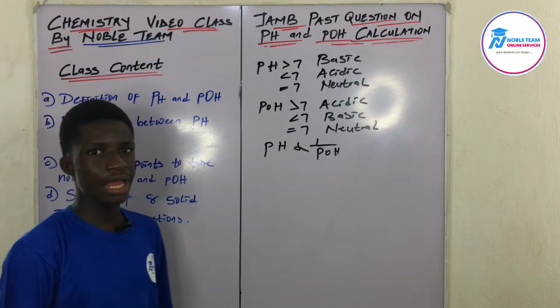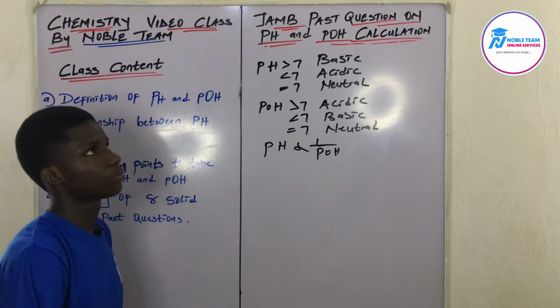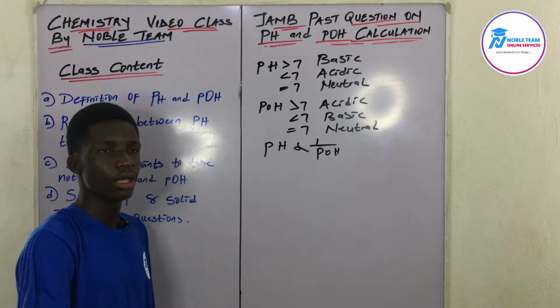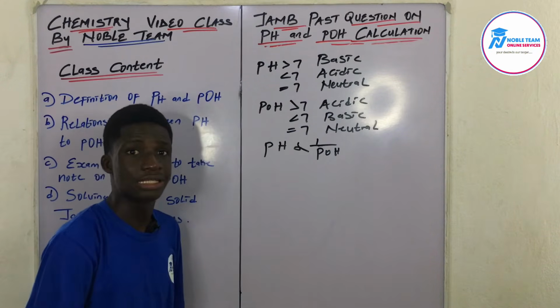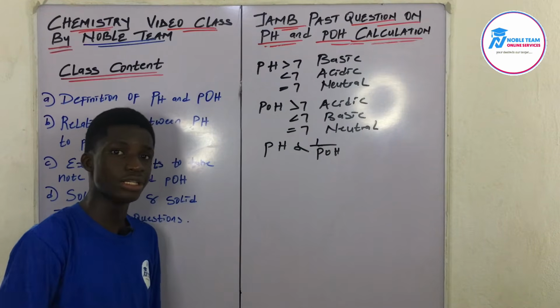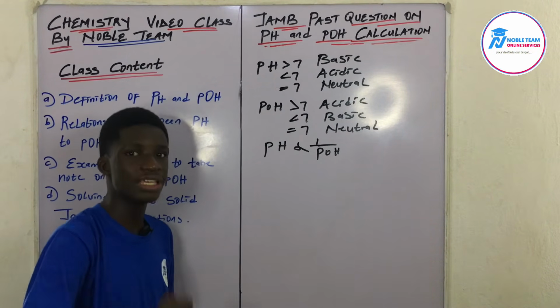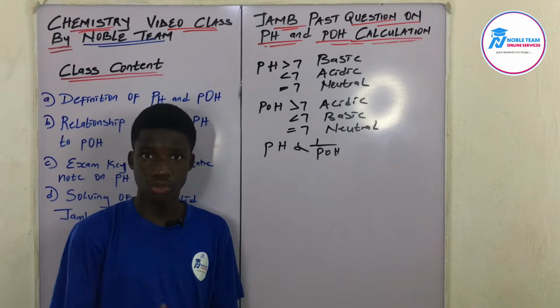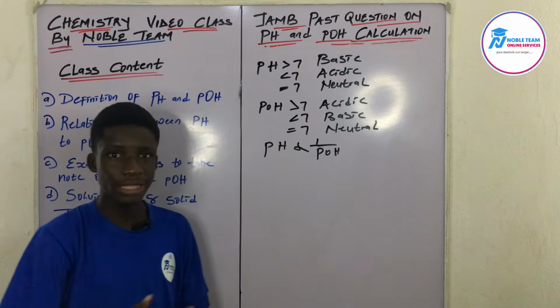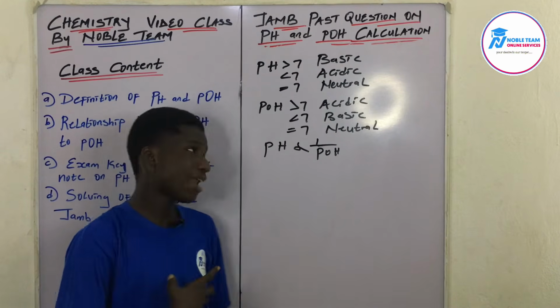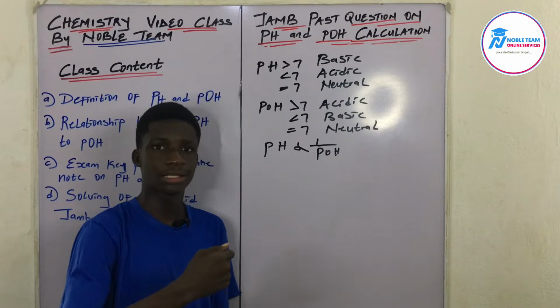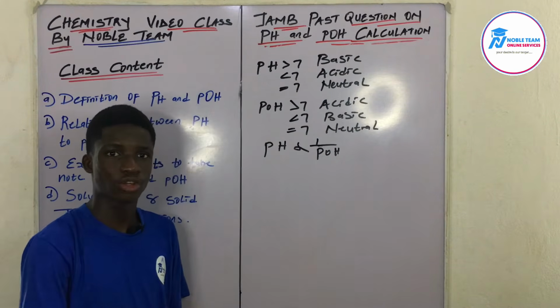Now, the next thing is this. Take note that once an acid is diluted, the pH of that particular acid will increase or decrease? It is going to increase. Let me explain. Take for instance, I have a concentrated H2SO4. I diluted it with water. Will me diluting it with water increase the pH of that particular substance?